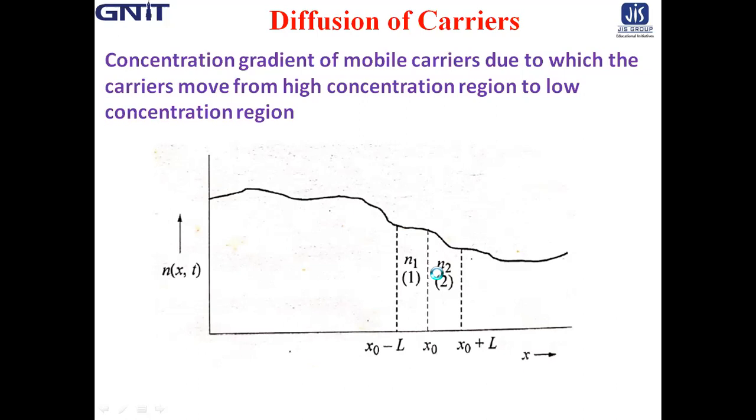So on the average, half of the electrons in region 1 will move across x equal to x0 to the right, and half in region 2 will move across x equal to x0 to the left in a mean free time, say tau.